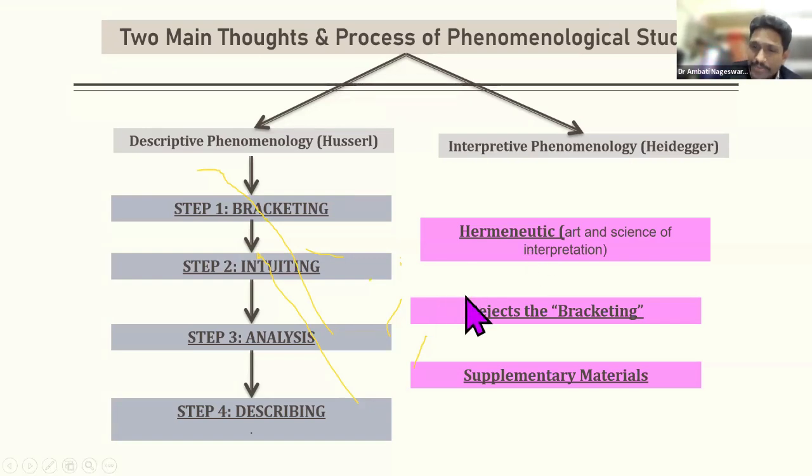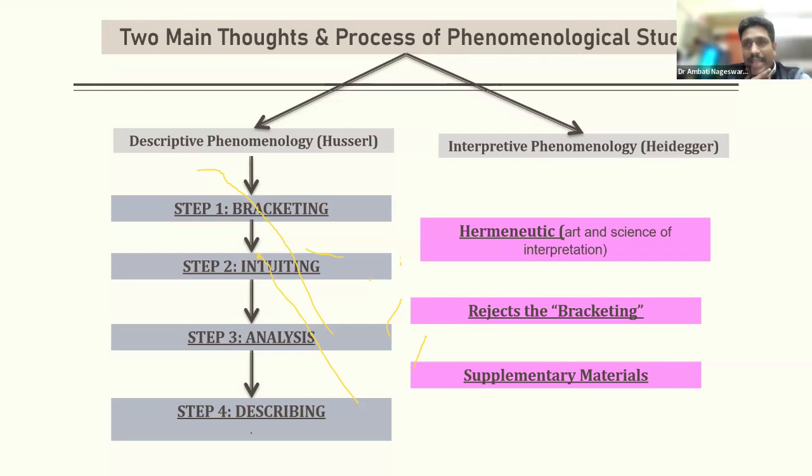And as an interpretive phenomenologist, you are going to reject the concept of bracketing. Means, it is not 100% possible to overcome the bias as a qualitative researcher. I can say that it is not easy to overcome, because you have some kind of knowledge, prior assumptions.